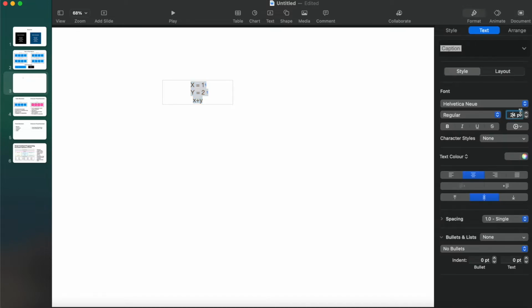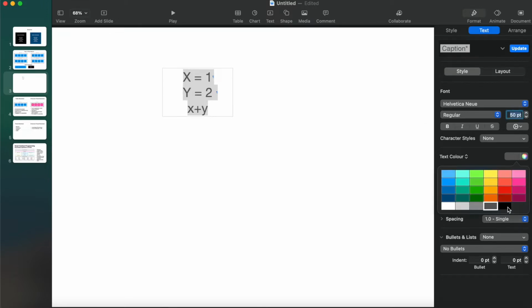What the program will do is add these up. I'm just trying to make this bigger so that you can see it better. Let's format it and make it a little bit bigger, let's make it 50, and let's make it proper black like that.